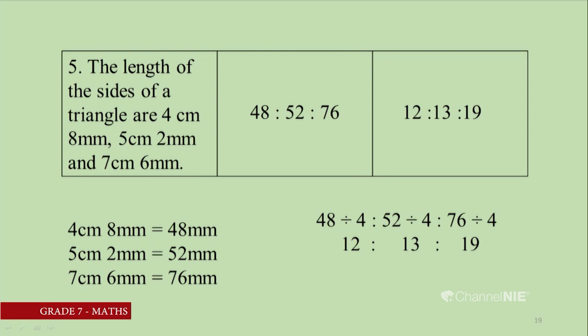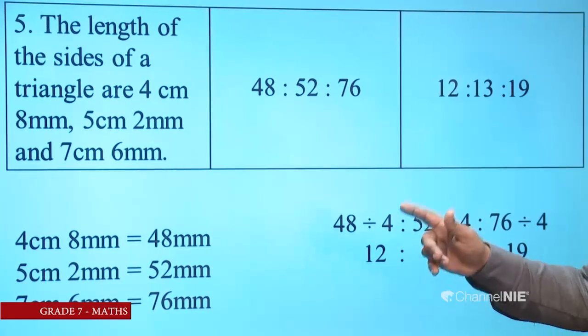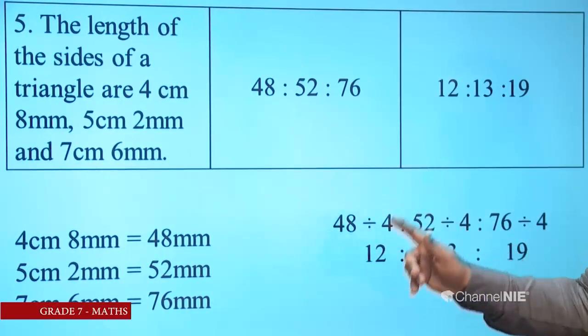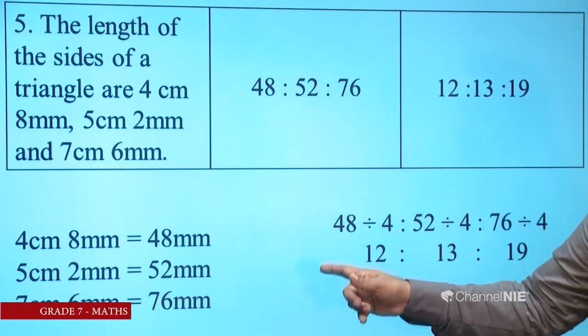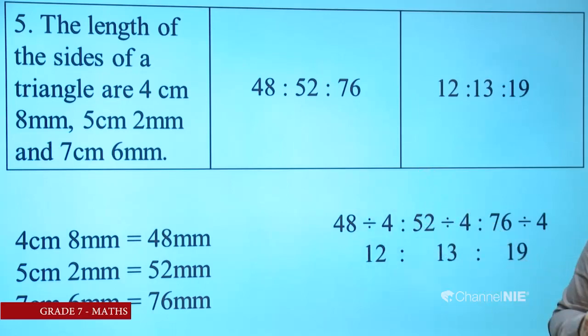You know that 1 centimeter contains 10 millimeters. As a result, 4 centimeters 8 millimeters means 48 millimeters, 5 centimeters 2 millimeters is 52 millimeters, 7 multiplied by 10 is 70 plus 6, 76. Now, all are in the same unit. That is the definition of the ratio.